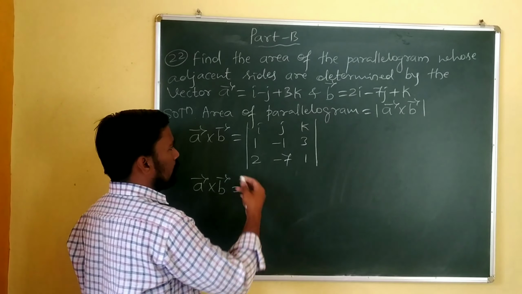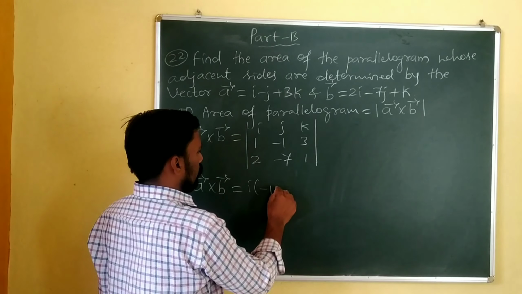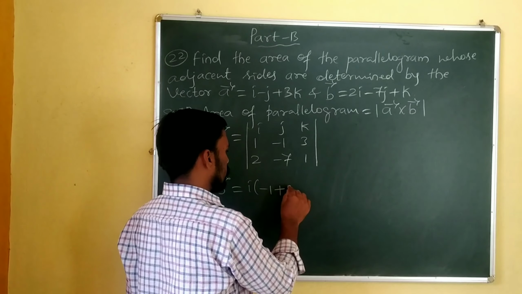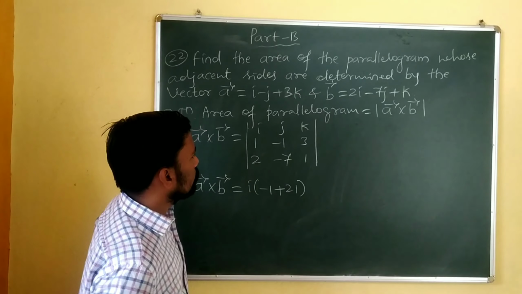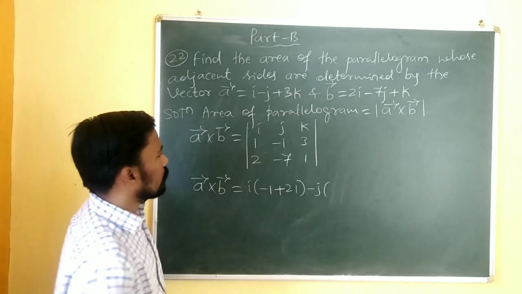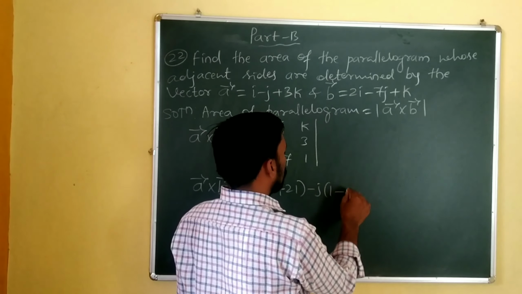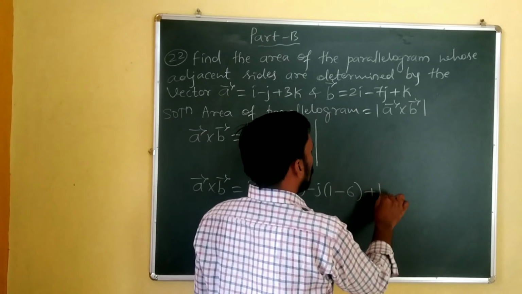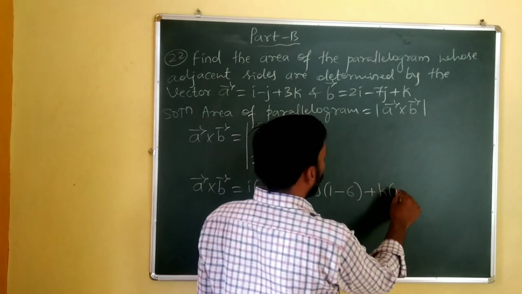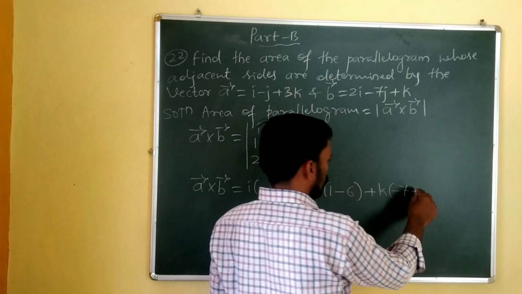A cross B is equal to, so expand it by using first row, is I into minus 1 into plus 1 is minus 1, minus 7 into 3. Is 3 into 7, 21, minus into minus plus, minus j into, so j is an element of first row, second column, so leave the first row, second column, 1 into 1, which is 1, minus 2 into 3, 6, plus k into, leave the first row, third column, so 1 into minus 7 is minus 7, minus 2 into minus 1 is minus 1, minus into minus plus 2.